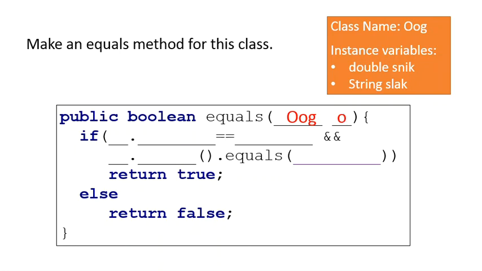So I'm going to get O's snick and compare it to my own, and then get O's slack and compare it to my own. If O's snick and O's slack equal my snick and my slack, I'm going to return true. Otherwise, I'm going to return false.